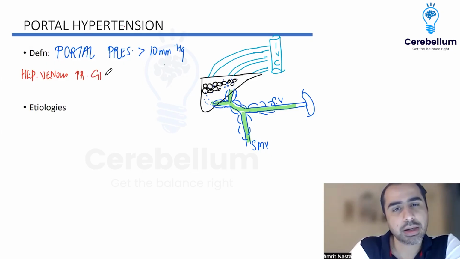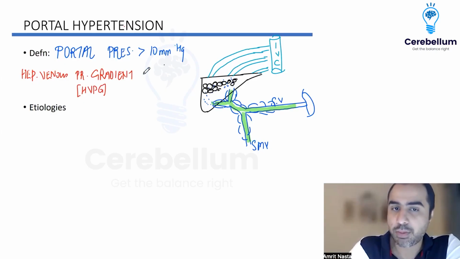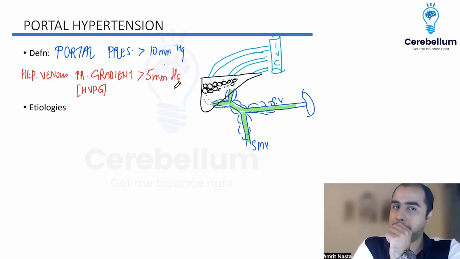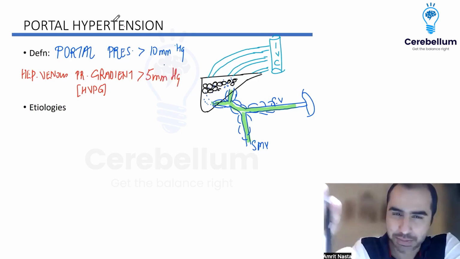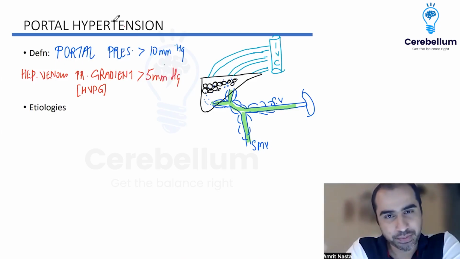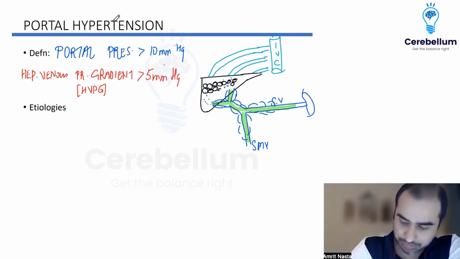This is an important value. It's called HVPG. If it is more than 5 mm of Hg, then also you can say the patient has portal hypertension. How it is measured, we don't need to know. Okay, so let's not go there.